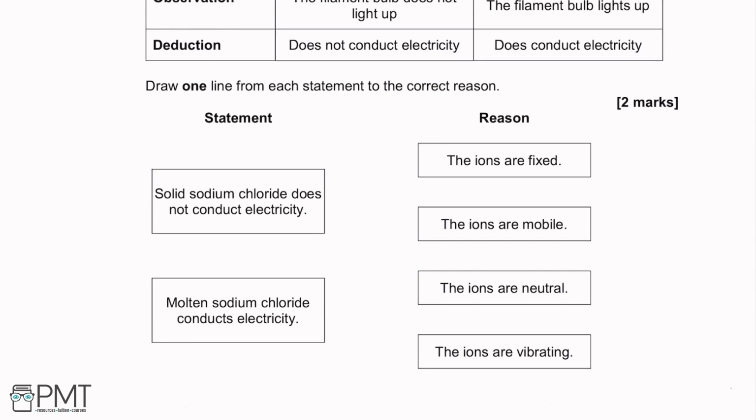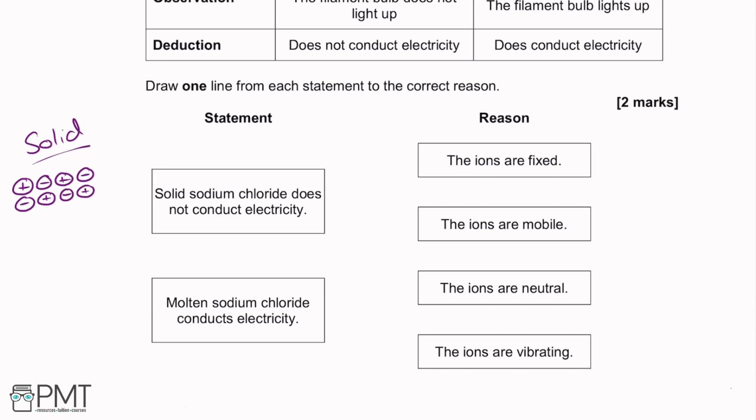So let's start by thinking about solid sodium chloride. So as we said, sodium chloride is ionic. So we've got this lattice arrangement of positive and negative ions. And what we can see is that they are fixed in place.